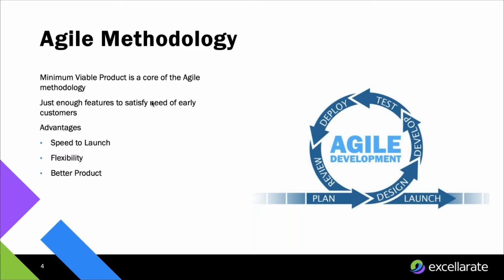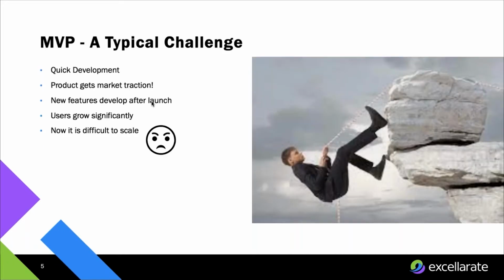All right, thanks. Sure. So one thing when we build an MVP, there's a typical challenge we can run into when our MVP gets popular and gets market traction. When we start, we get a requirement to build an application, and we can start with a quick development.